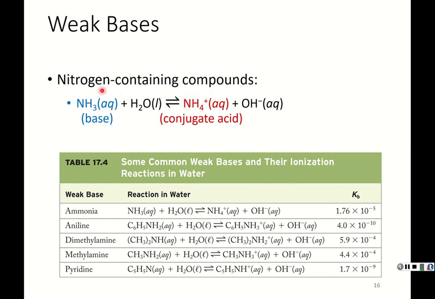And for this, NH3 accepts a proton and becomes NH4 plus, with OH minus in solution in water. That's why this is a base, because it's increasing the OH minus concentration. Okay. Again, they don't dissociate fully, okay? And we can write an expression for this equilibrium, and in this case it's termed Kb instead of Ka.